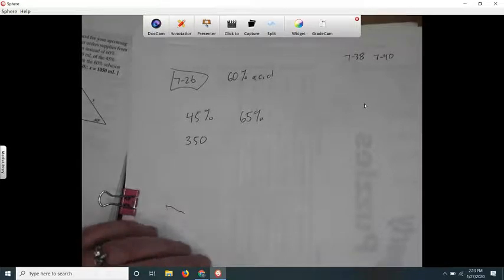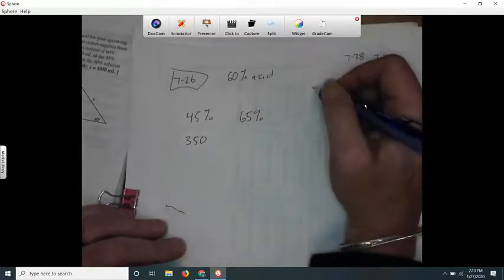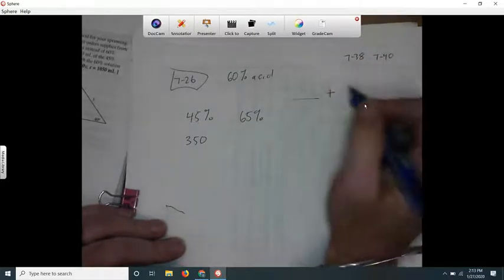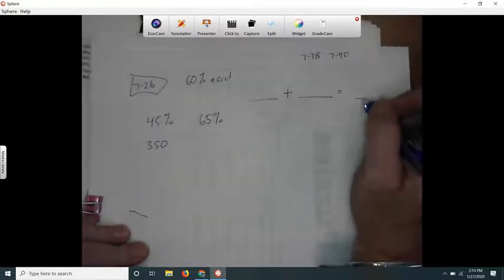So usually what you'll do is set it up like I poured in some stuff. I'm going to have something here that I'm going to pour in, and something here I'm going to pour in, and I'm going to end up with something.